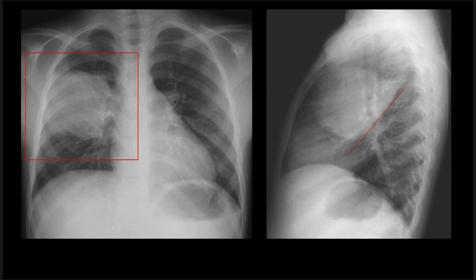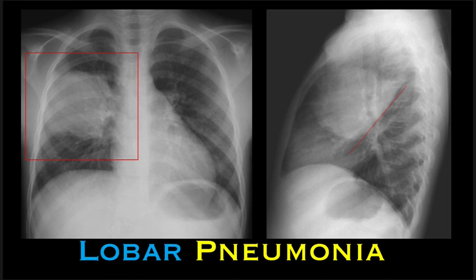This is one possible look for lobar pneumonia. I picked this case specifically for a particular theme, and I'm going to address it again at the very end of this lecture, and that's to show you that pneumonia sometimes can look like cancers, and cancers can sometimes look like pneumonias. And we'll talk about that again more towards the end.